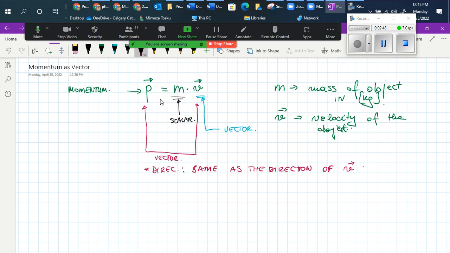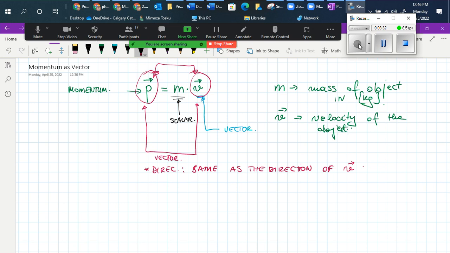Okay, if I'm saying that an object with mass 3 kilograms is moving with a velocity of 3.5 meters per second going north, and I'm asking what is the direction of momentum, then you do not even have to think about it, but you just say that the momentum has a direction going north. Okay, so the direction of the velocity and the direction of momentum is the same. If you know one, then you know the other. If you know the direction of the momentum, then you do know what is the direction of the velocity. Is this clear?